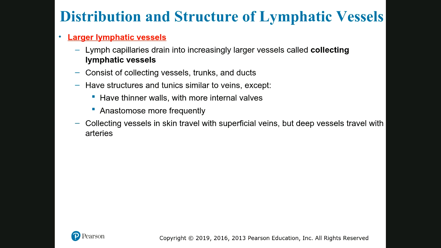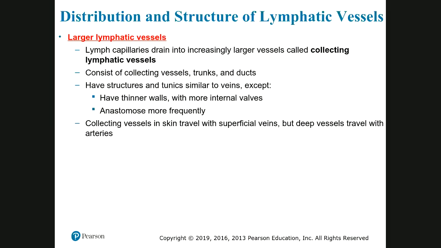The collecting lymphatic vessels, those large lymphatic vessels, the superficial ones travel with the veins, but the deep vessels travel with arteries. This is really very funny because some of the lymphatic vessels are so big that they have to have their own blood vessels to supply them with nutrients.